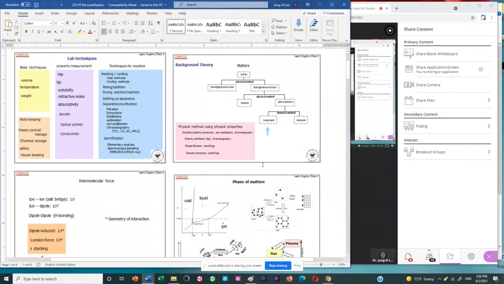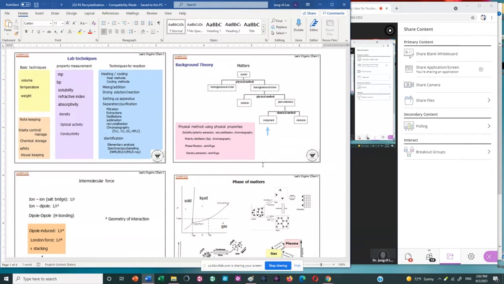Then today, right now, you're supposed to have a pre-lab report for this recrystallization lab. The purpose of the pre-lab is to get you prepared for doing the lab.